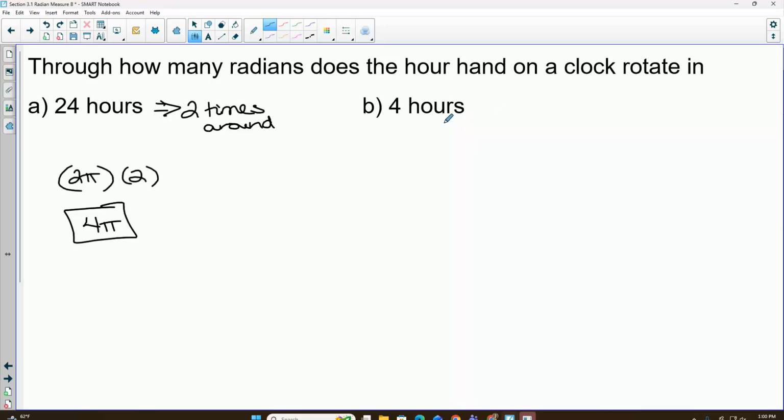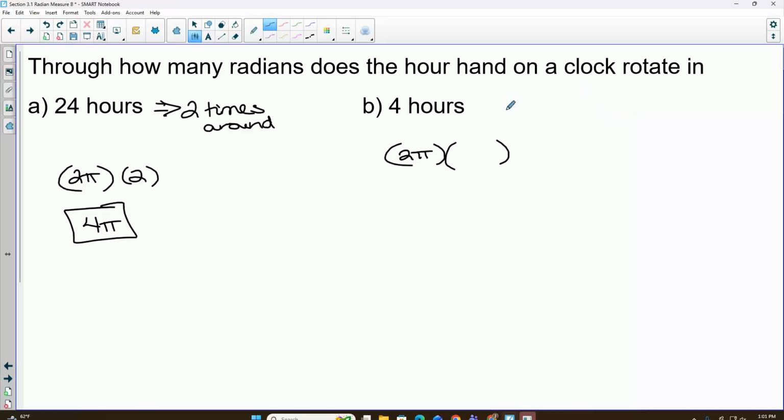All right, so if I want how many radians does the hour hand move in 4 hours? Is that one as easy? Okay, so we would have to figure out how much of the clock we have traveled. We know 2 pi is all the way around, but in 4 hours, how far have we traveled? It's not even a full rotation, is it?